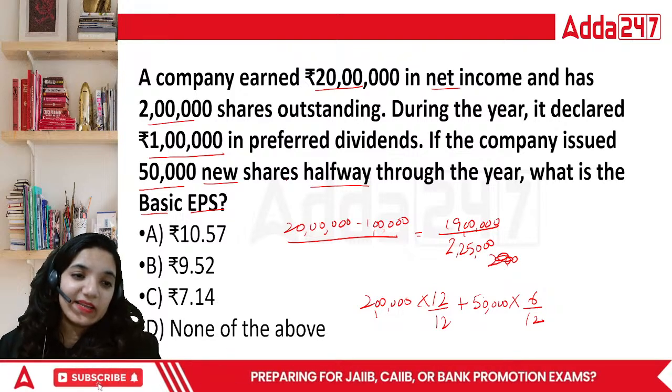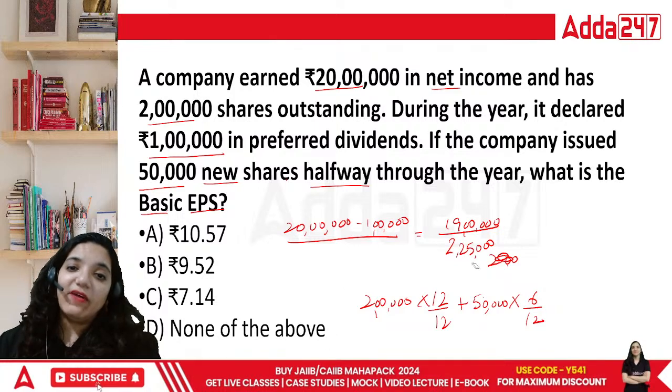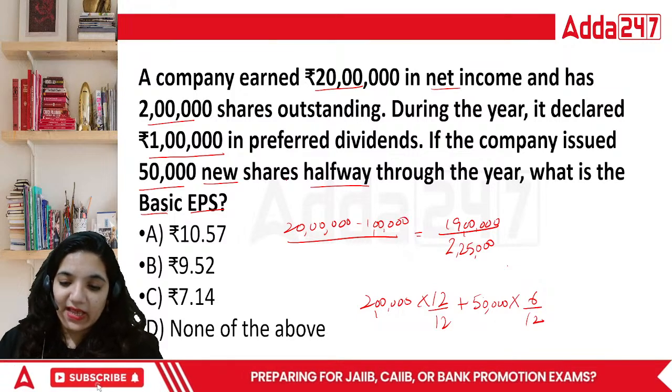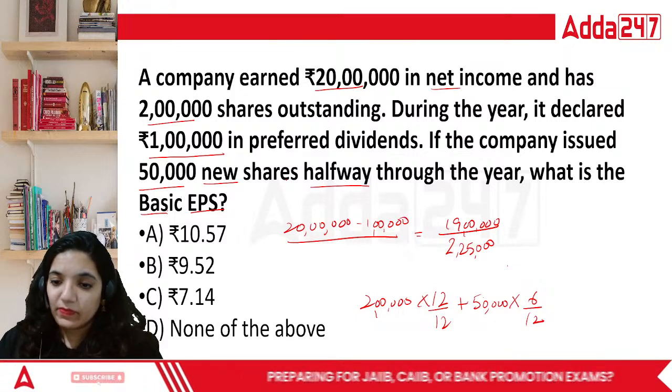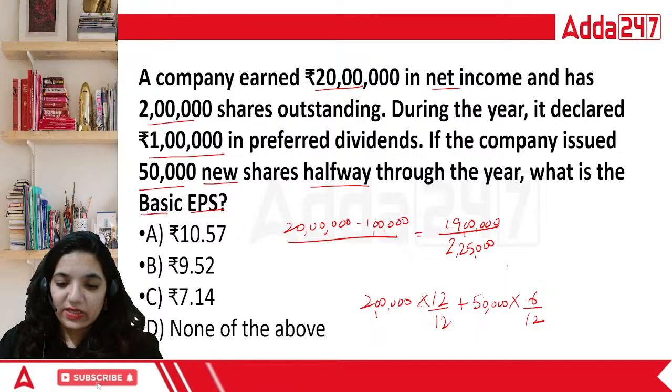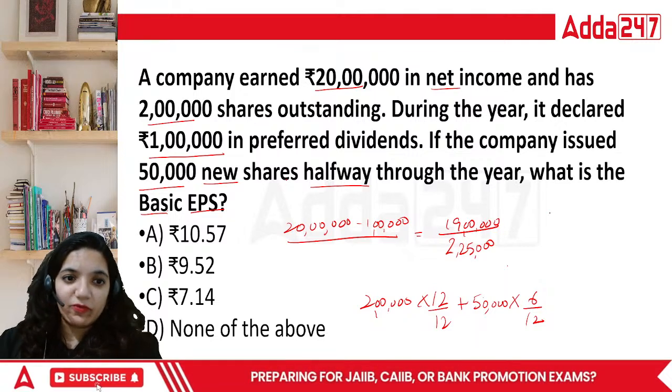So you have 19 lakh rupees to be divided among 2 lakh 25,000 units. So 19 lakh divided by 2 lakh 25,000 gives us 8.44.